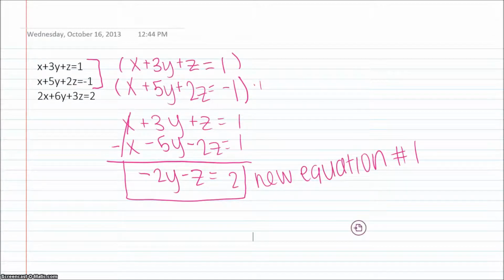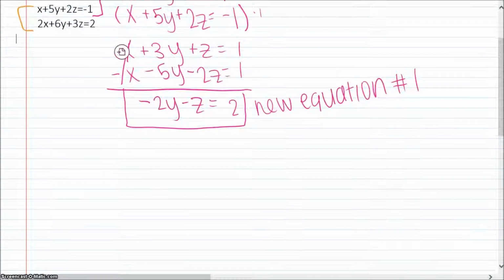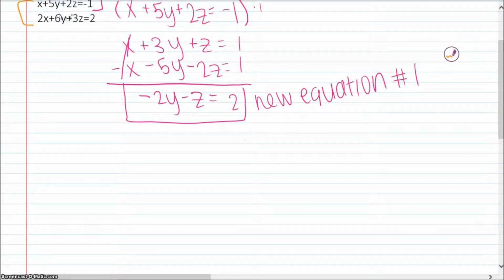To solve for the second new equation, we will take these last two equations and get rid of the x's again. So x plus 5y plus 2z equals negative 1, and 2x plus 6y plus 3z equals 2. So to cancel out the x's, we will take the top equation times negative 2.